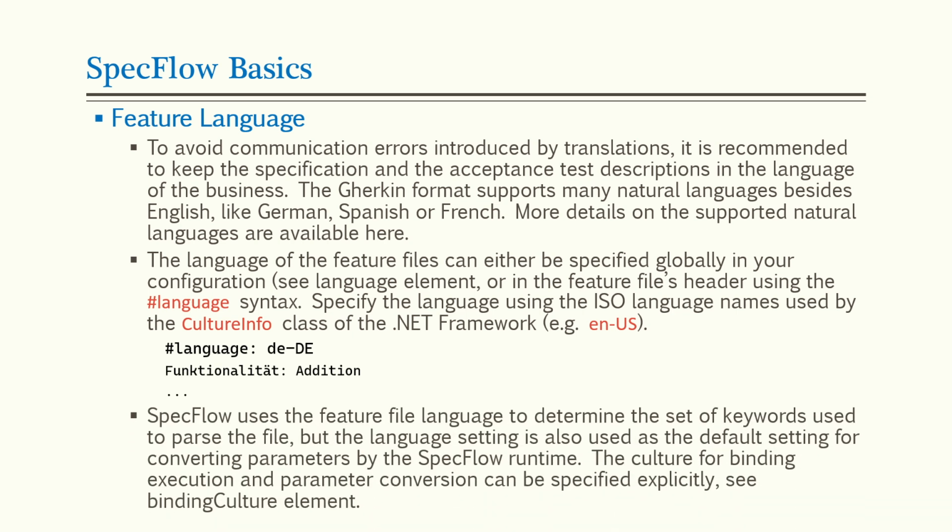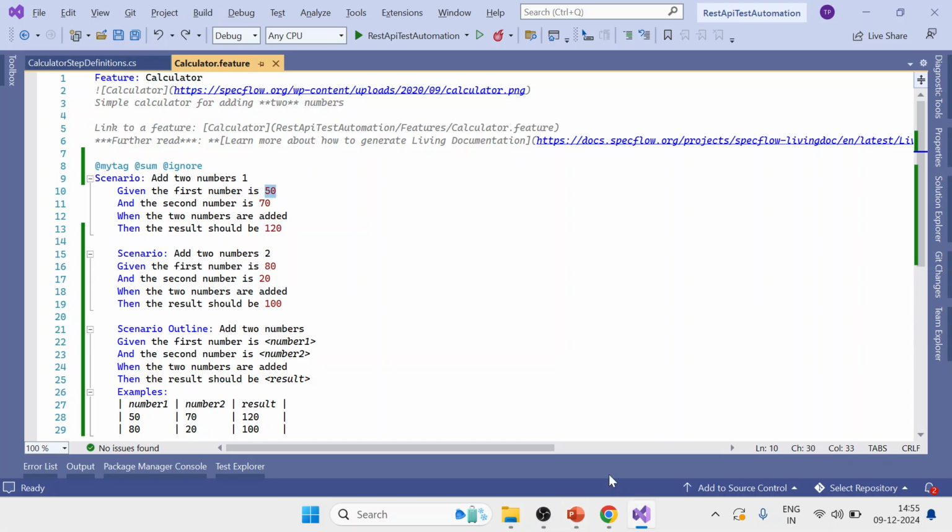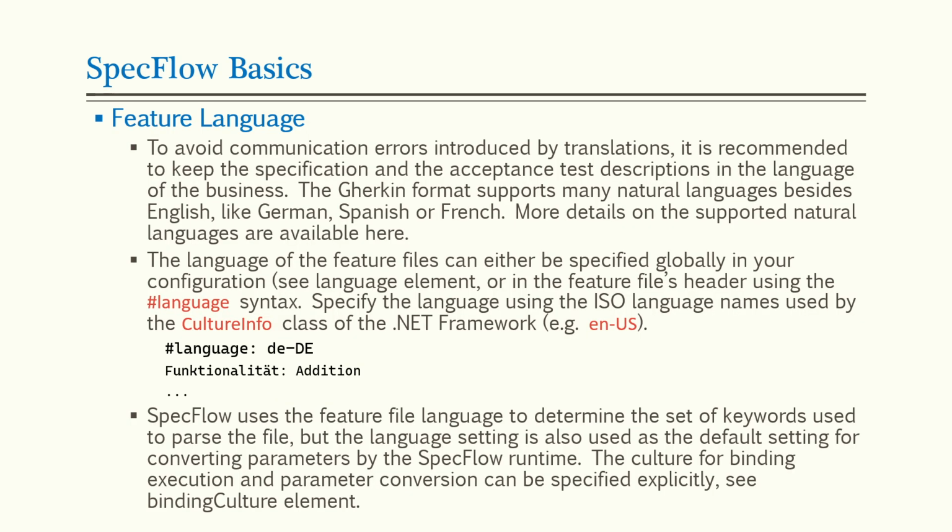SpecFlow uses the feature file language to determine the set of keywords used to parse the file, but the language setting is also used as the default setting for converting parameters by the SpecFlow runtime. The culture for binding, execution, and parameter conversion can be specified explicitly.